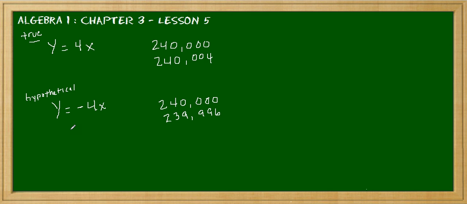Negative 2 becomes positive 8. Negative 1 becomes positive 4. 0 remains 0 because it would not matter. 0 times anything is 0, neither positive nor negative. But let's see what happens with 1, 2, and 3. They now become negative 4, negative 8, and negative 12 respectively.